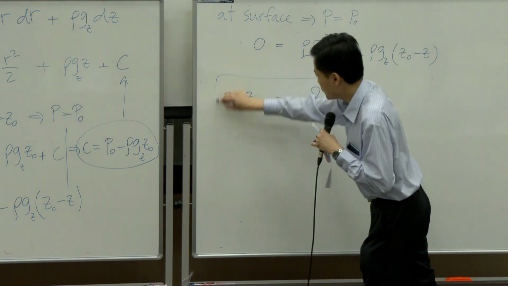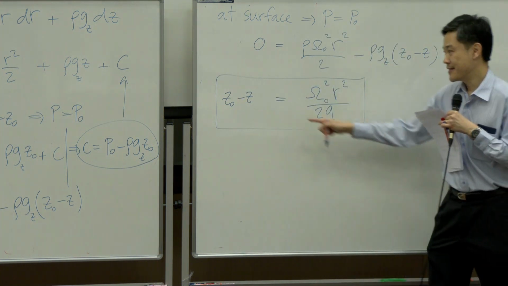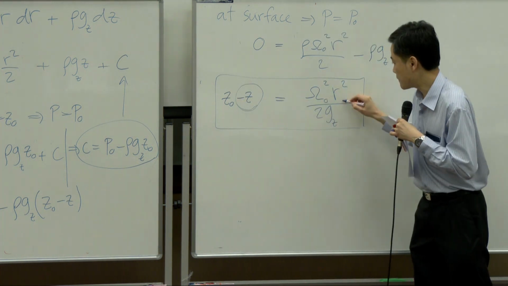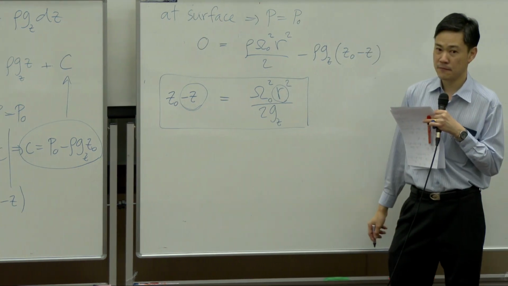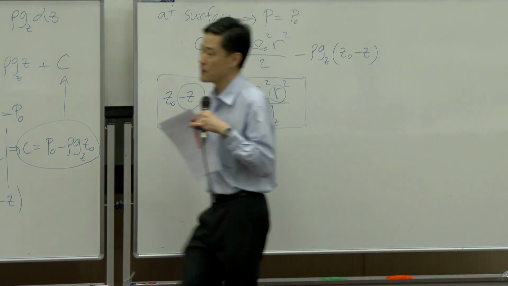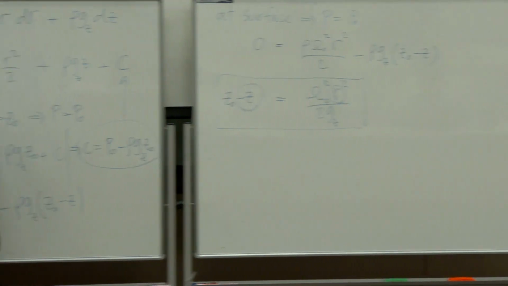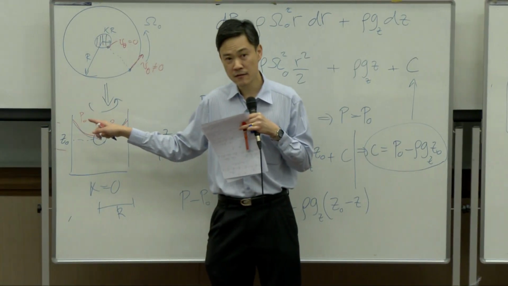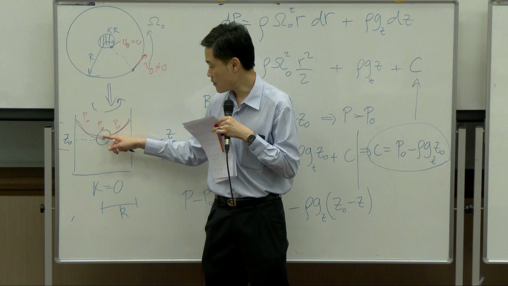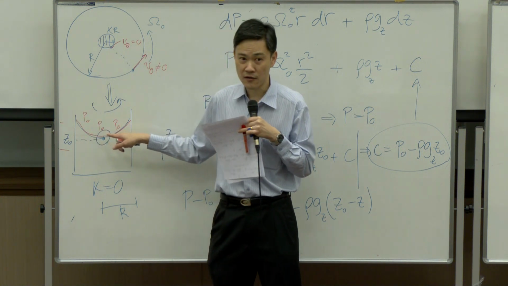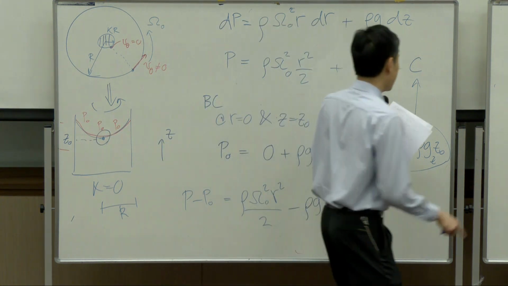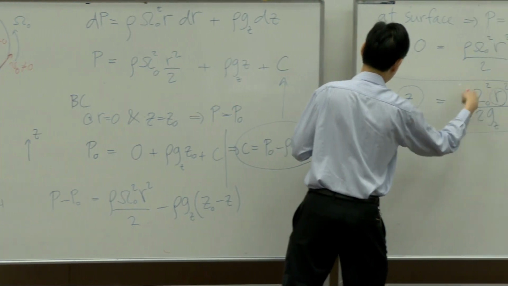This should give you z as a function of r. So it gives you the profile of this red line. That z depends on r, and the change of z and r depends on angular velocity.